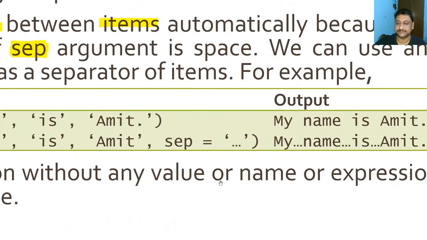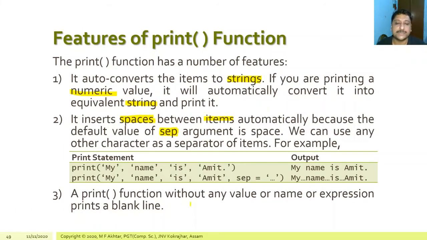Okay. Now, the print function without any value, name or expression prints a blank line. If you give a simple print statement just like this, then it will give you a blank line. Suppose somewhere you want to print a blank line, a line gap, then you can give a simple print statement without any value.